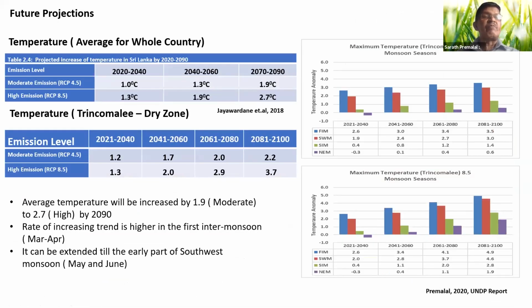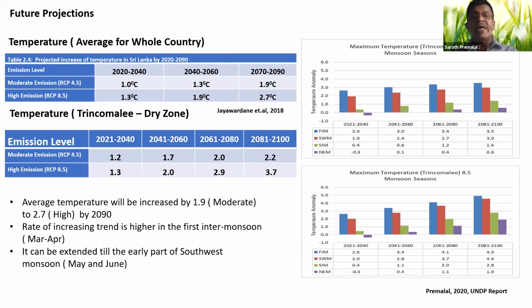I would like to move to the future projection. My presentation is more focused on future projection because Dr. Punyavardhana already explained the current situation. When we talk about temperature, the climate change sector in my department analyzed future scenarios for two scenarios: one is the moderate emission scenario, RCP 4.5, and the other is the high emission scenario, RCP 8.5.